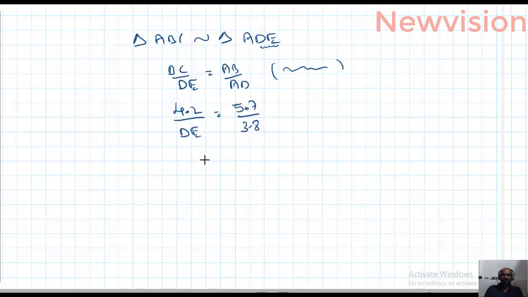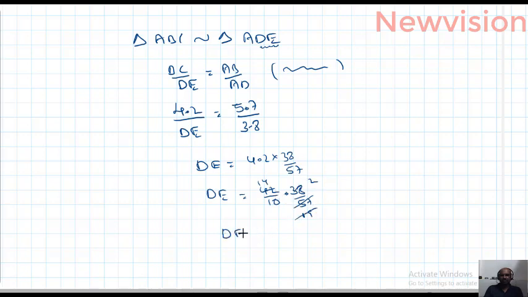Now I want to simplify this, or DE directly I can say 4.2 into 3.8 by 5.7, or DE equals 42 by 10 into 38 by 57. 3 ones are 3, 19 threes are 57, 3 ones are 3, 3 fours are 12, 19 twos are 38. So DE equal to 28 by 10, that is equal to 2.8. Therefore DE is equal to 2.8 units.